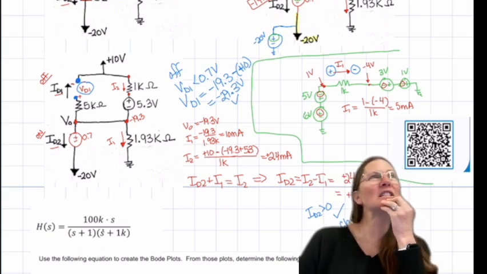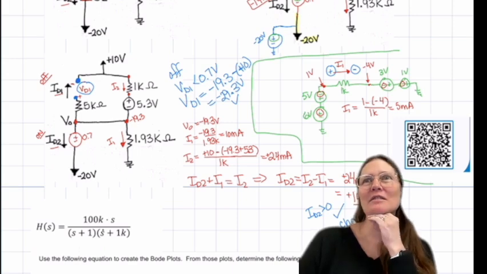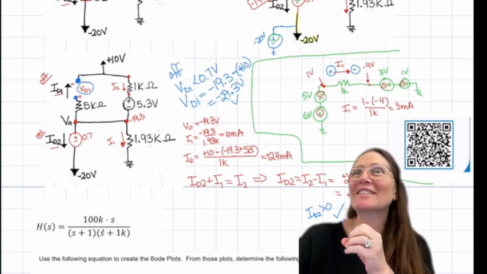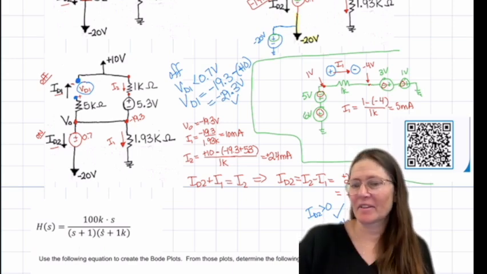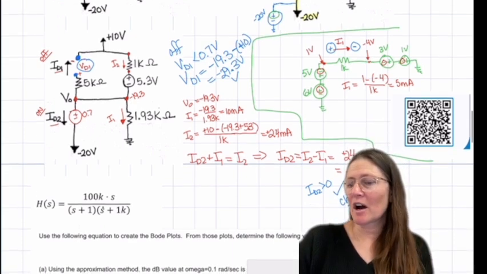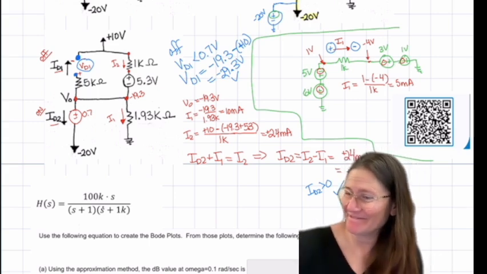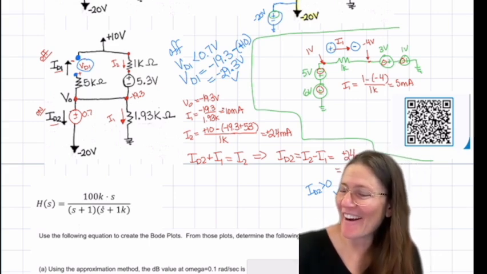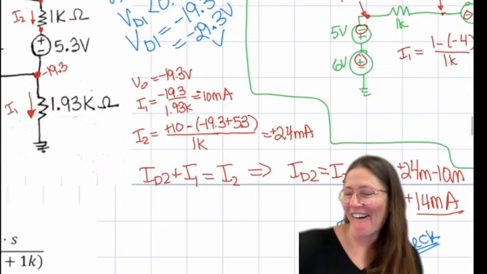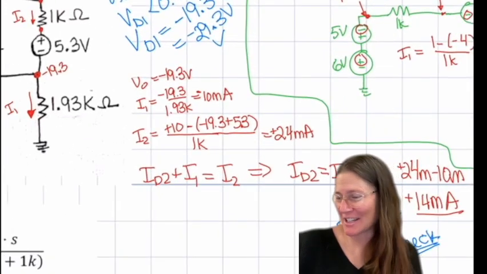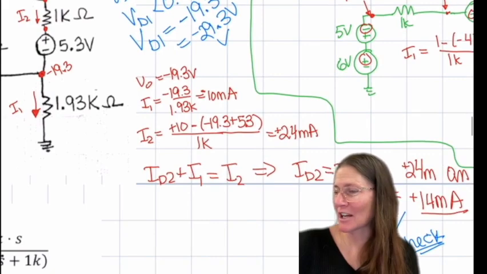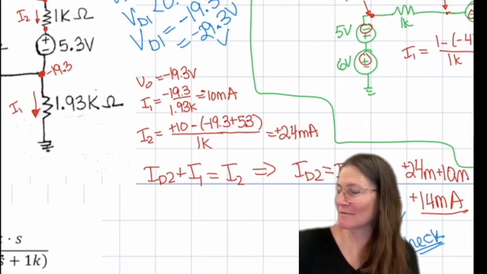All right, questions on this? Yes. Sorry, what was that? Why is I1 not negative? Okay. Negative 10 milli. That would become a negative 10, so plus 10 for 34 milliamps.